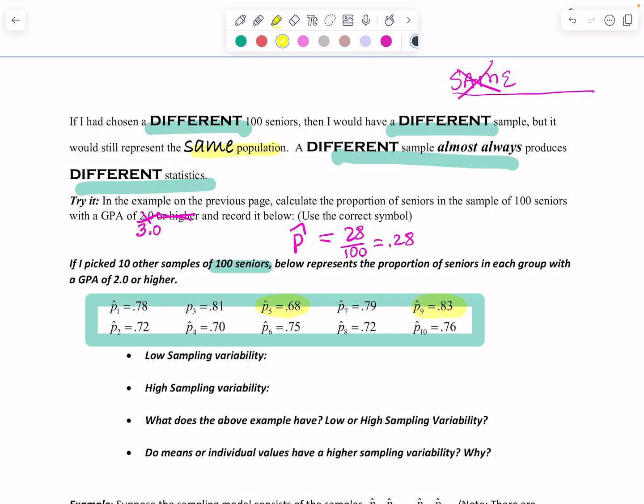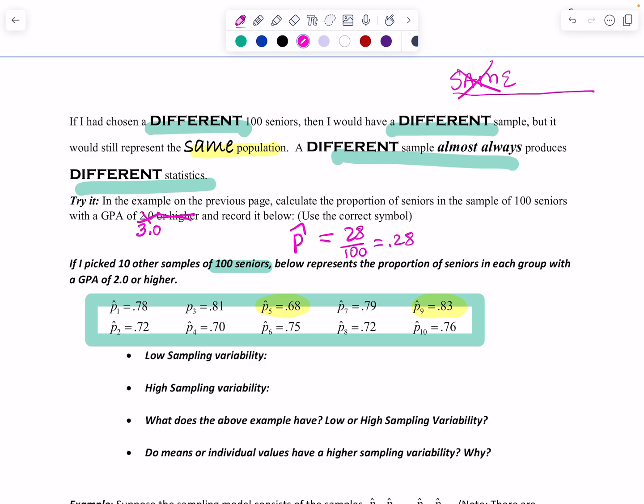So you're going to see here that we have lower sampling variability versus higher sampling variability. When I have a very big difference, it's because we're comparing different samples and we're going to have different statistics.